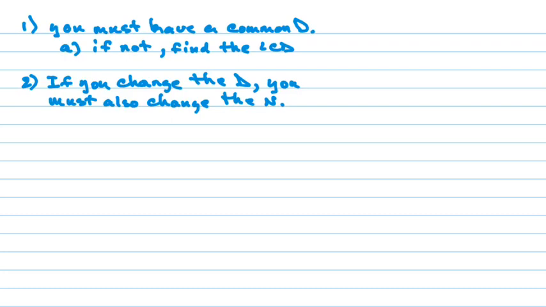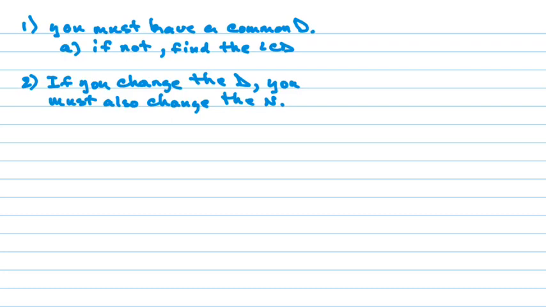No. So if you change the denominator, the number of pieces you've cut something into, it's going to change the number of pieces you have available, right? The size of the pieces. And remember that the numerator tells you how much of something you have. The denominator tells you what kind of things or what kind of pieces you have.